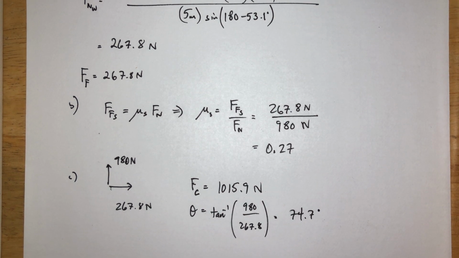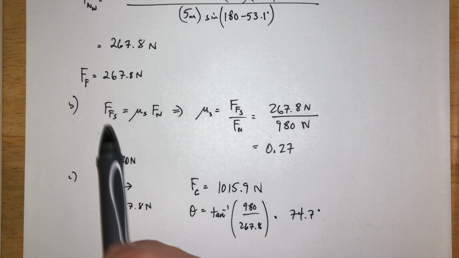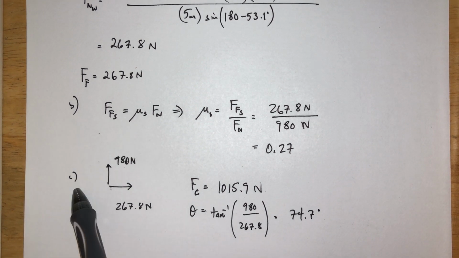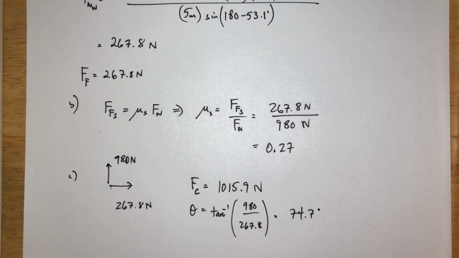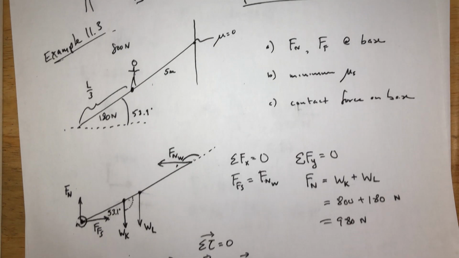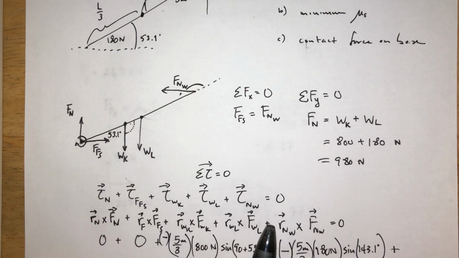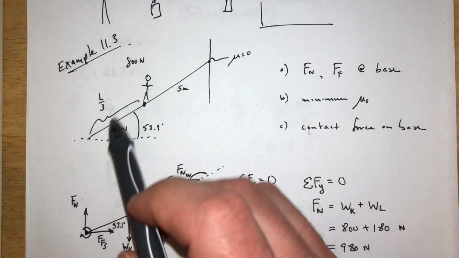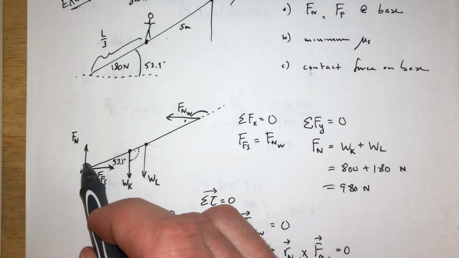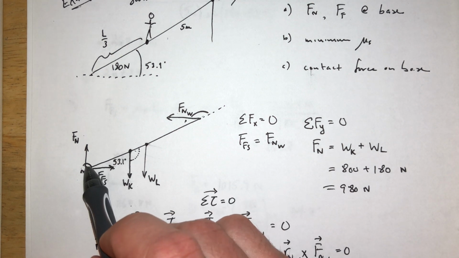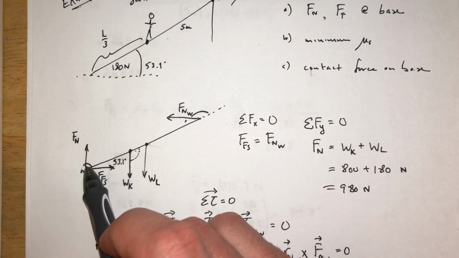Okay, so most of this example, well, the other two parts of this example, B and C, are things we've seen before. The big news here from this example is the method of equilibrium, and I want to look back at it one more time. We drew a sketch with some information in it, and then the next step was to redraw the rigid body of interest. What is it that we're saying is in equilibrium?